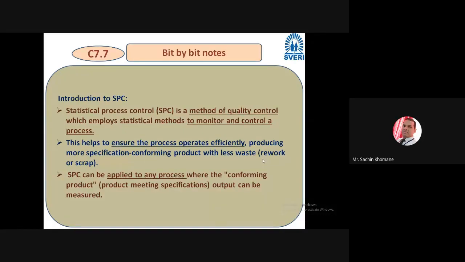So, last lecture we started our second last unit, that is the seventh unit, and we started the discussion on introduction to SPC. We have seen the concept of statistical process control, why it is important for our quality department. We understood the meaning of statistics, process, and control in detail.